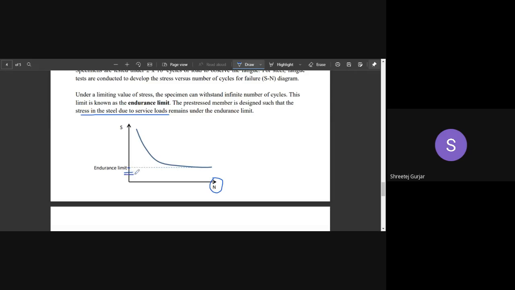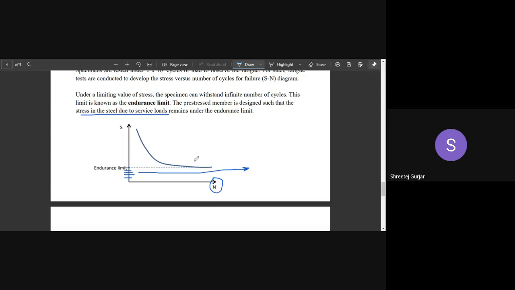It can have a stress value below this endurance limit so that it will never fail, because it will never cross this curve, and it can have an infinite number of cycles.